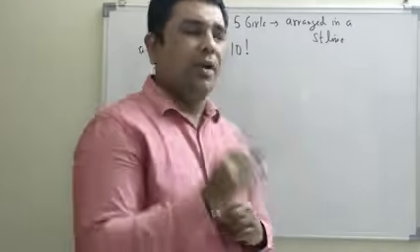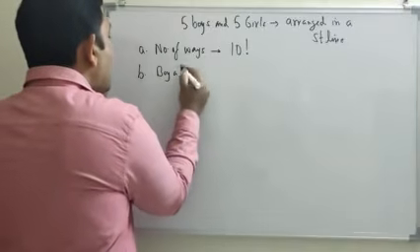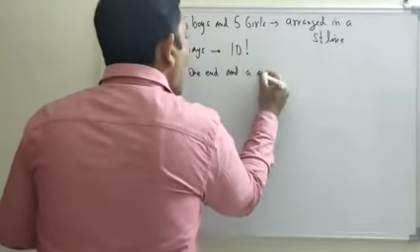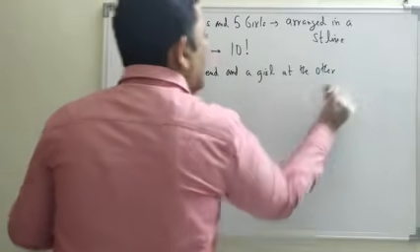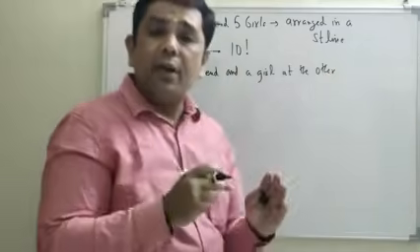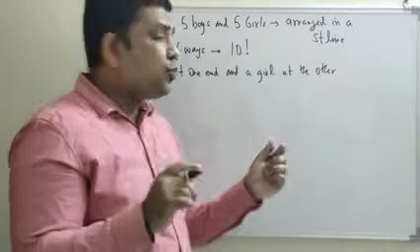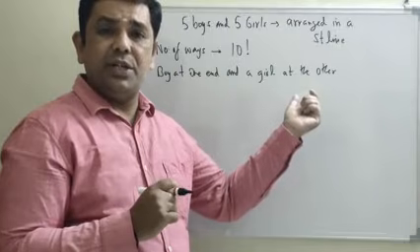The second one, boy at one end and a girl at the other. So now this question cannot be done directly. Why? Because you have an additional condition.